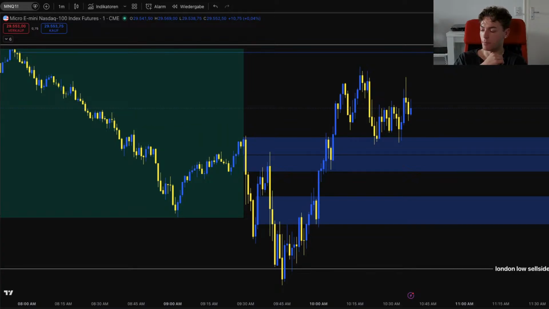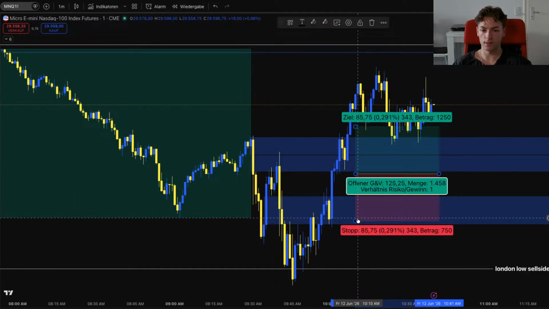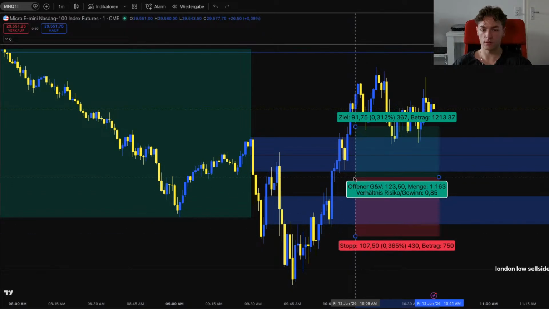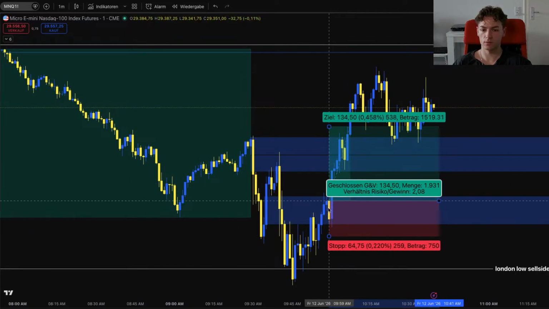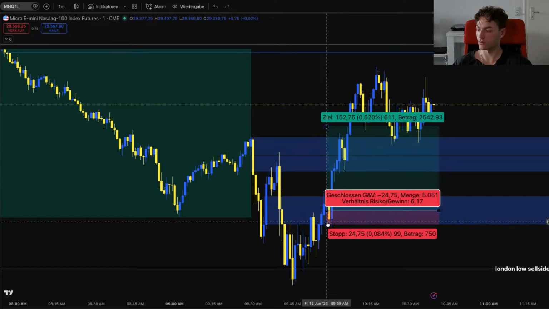Maybe you can do something like this. When you send these trades into that Discord channel, show your entry and your stop loss. I think you entered somewhere in here, something like this, and you got stopped out there, right?